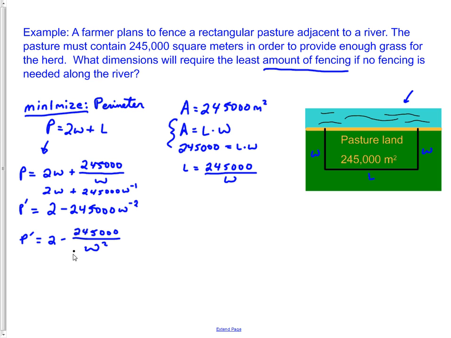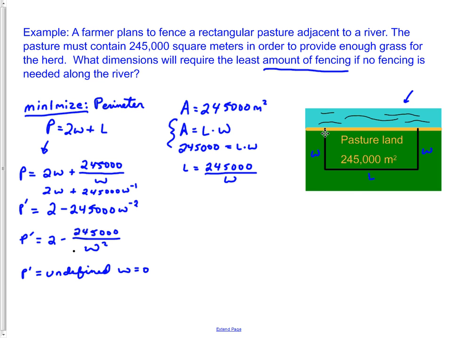Next question. Where will we find our minimum? Well, we might find our minimum where p prime is undefined, and we know that it's undefined at the point where the width is equal to 0. But that's no help, right?